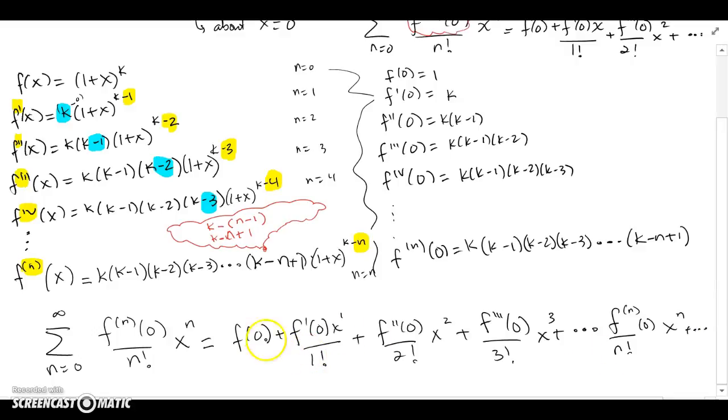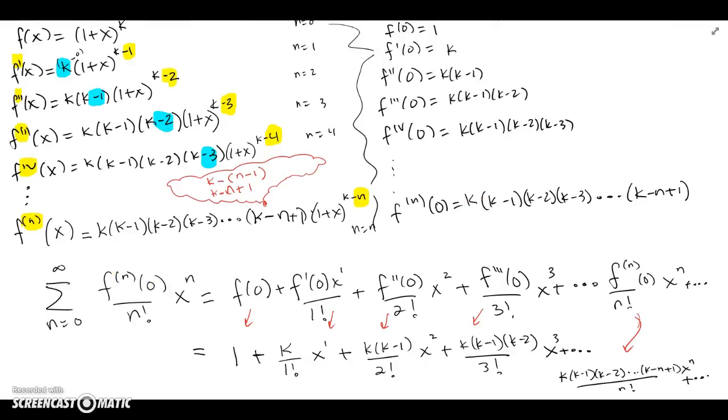So I'm going to put in f of 0, which is this, f prime of 0, which is this, f double prime of 0, which is this, just so we can see visually what the expanded version looks like, to get a feel for it, before I just shove all of this in here and say, there it is, I have a formula for it. So I have everything plugged in.